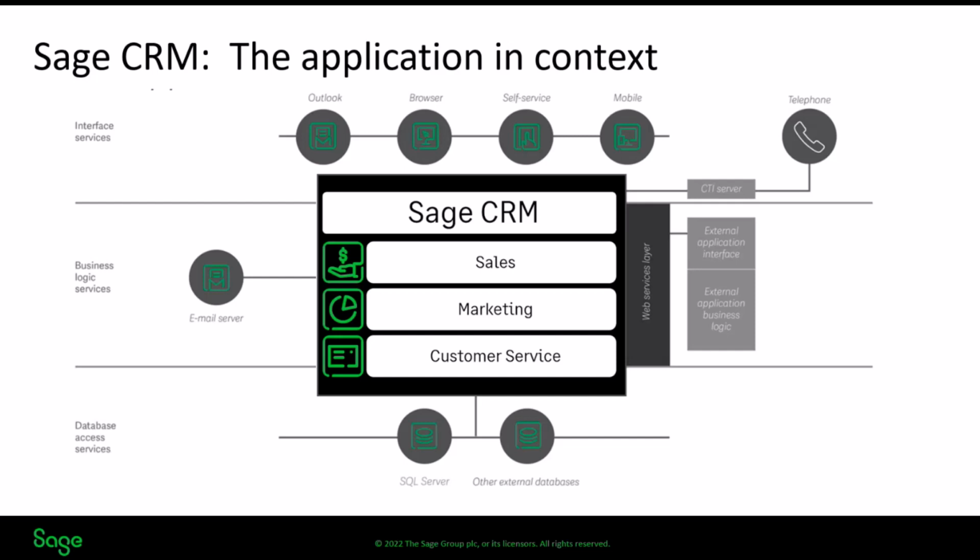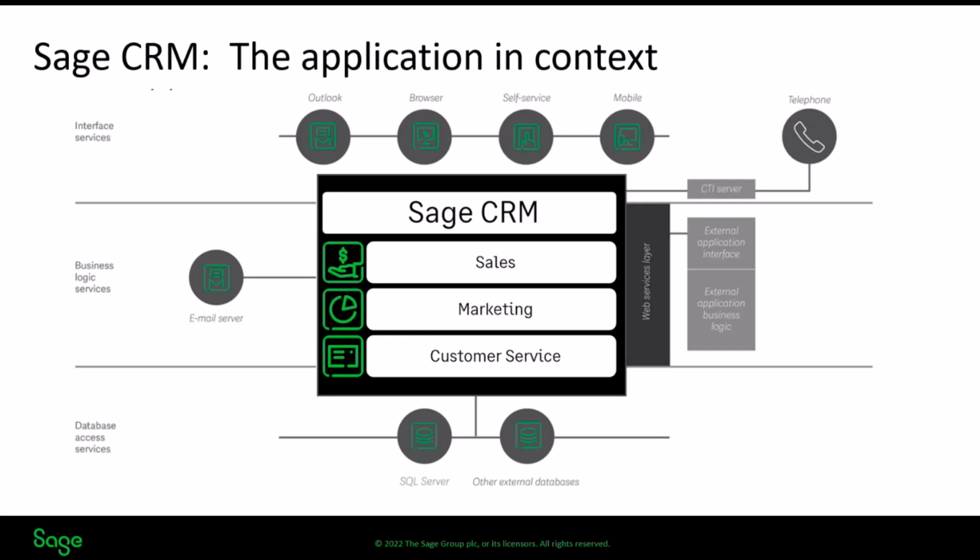So it's used across a very wide range of industries with integrations that partners have created into construction and real estate, through into Intact, into Sage 300, 200, etc.